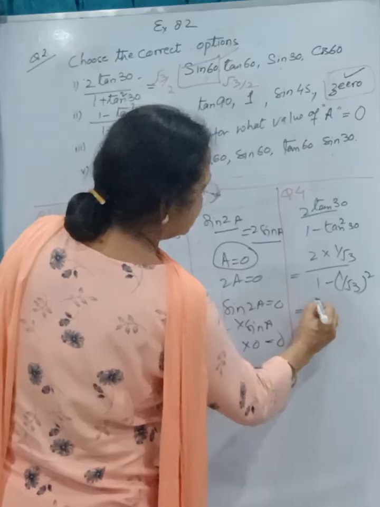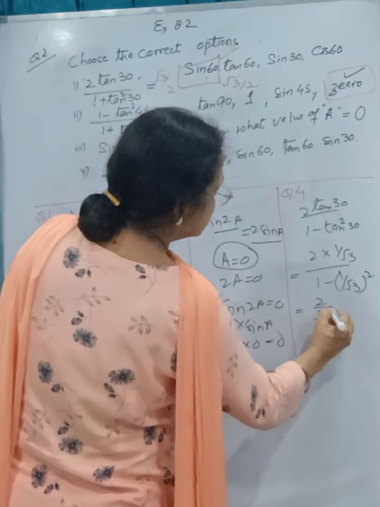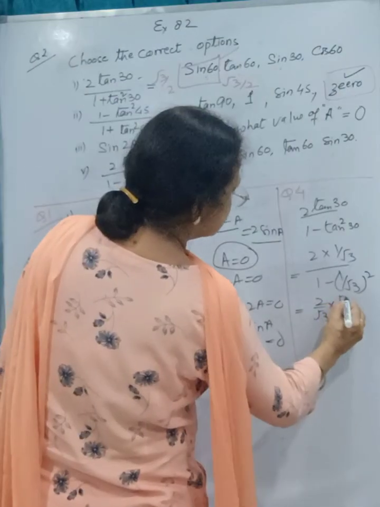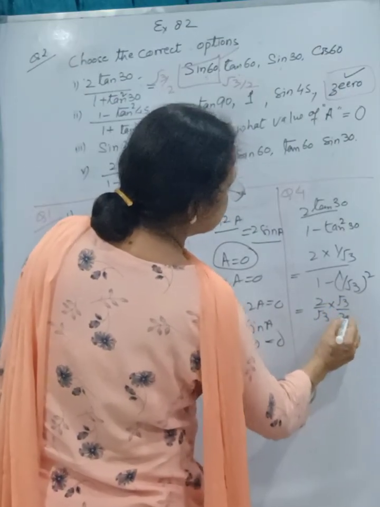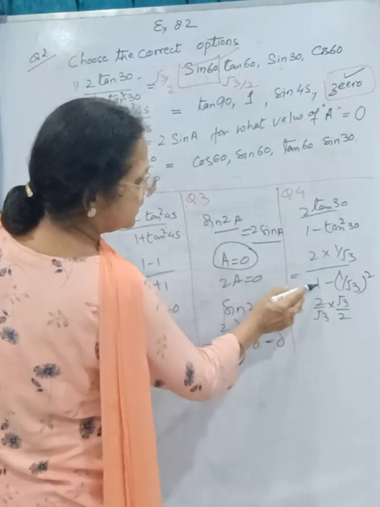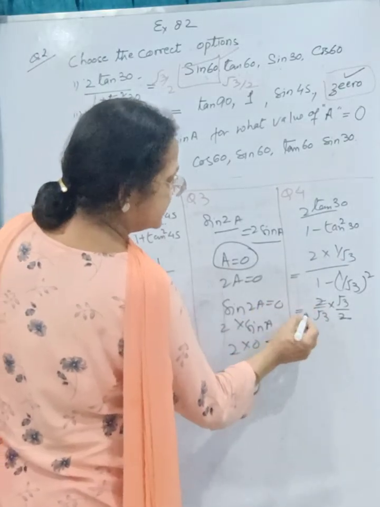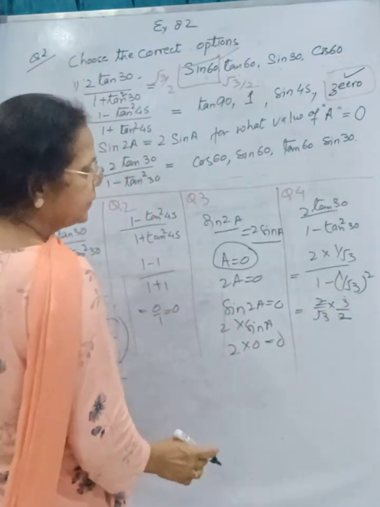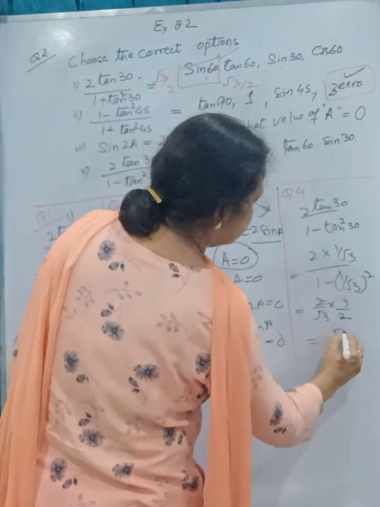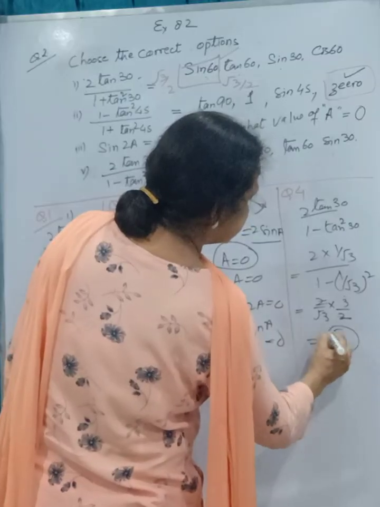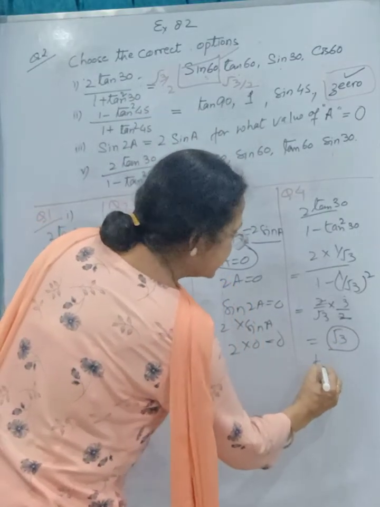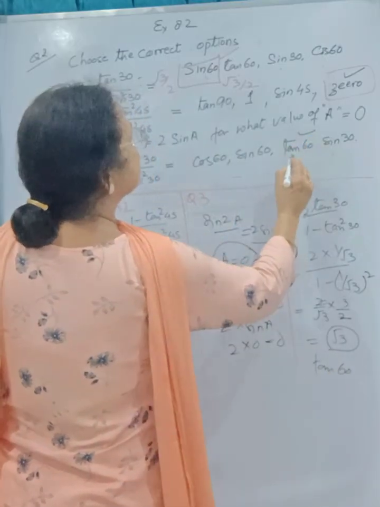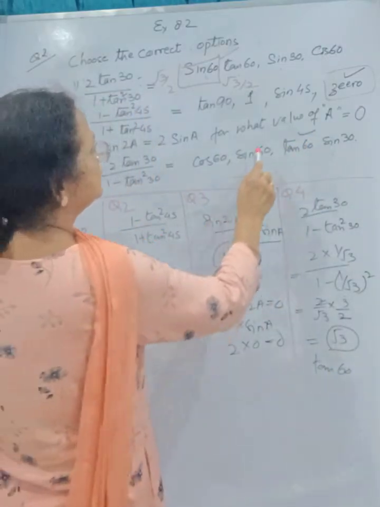This will be equal to 2 upon root 3 into root 3 upon 2, because this is 3 minus 1 equal to 2, 2 gets cancelled, this is simple 3 now. Then we will get simple root 3. The answer is this root 3, which is the value of tan 60. So the answer will be here.